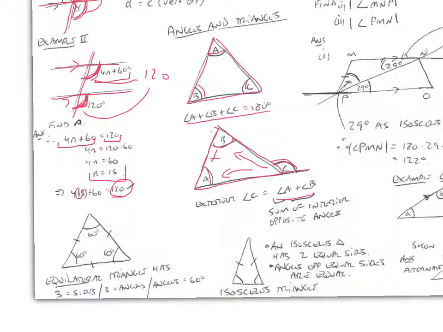We have an equilateral triangle here. Just to remember that they have three equal sides and three equal angles, and that angle is 60 degrees. An isosceles triangle has two equal sides, and the angles opposite the equal sides are equal to each other.